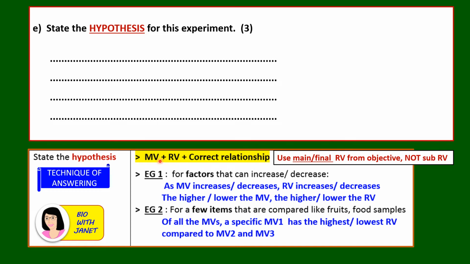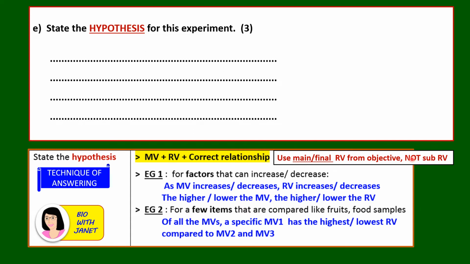It depends. Like in this case, the concentration of sucrose solution is our MV. There's only 1 MV, but we have 2 RVs, which I call the sub-RV and the main or final RV. These are my own terms. Sub-RV for me means the RV that you obtain by doing the experiment. It is the data of the experiment. For example, our sub-RV here is the final mass of the potato strip.